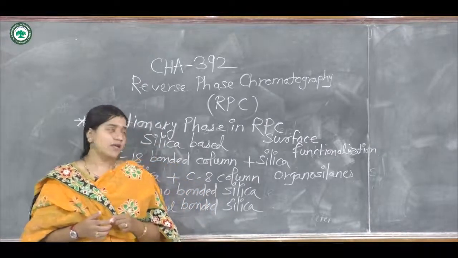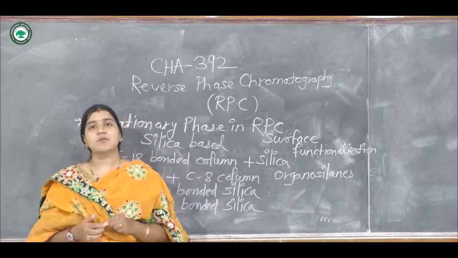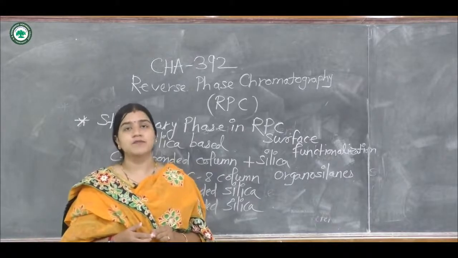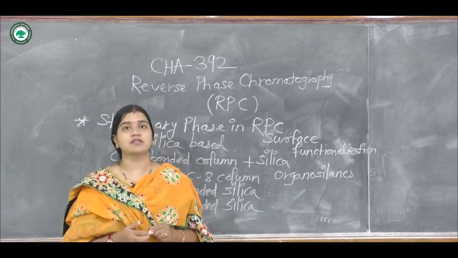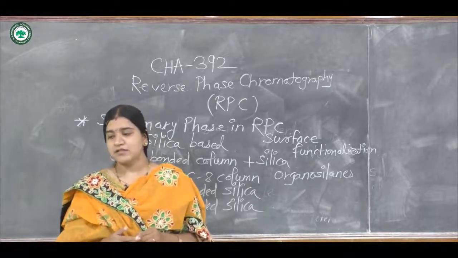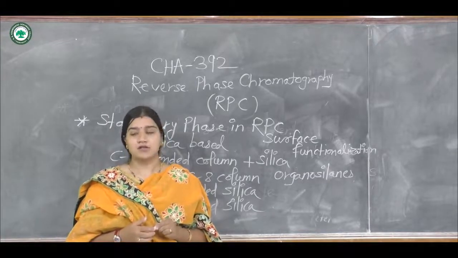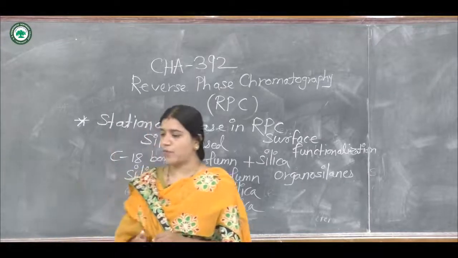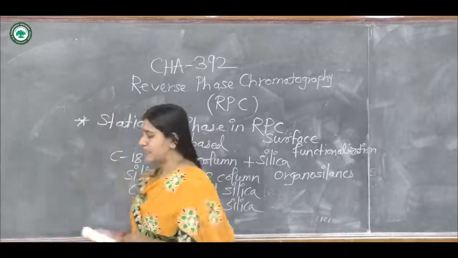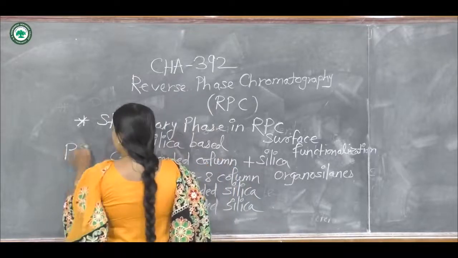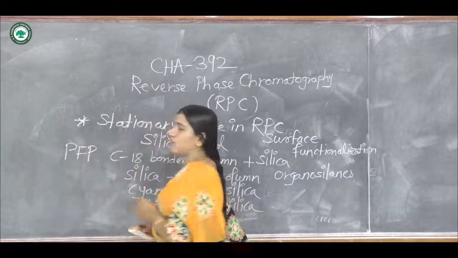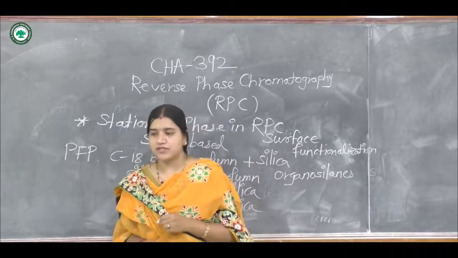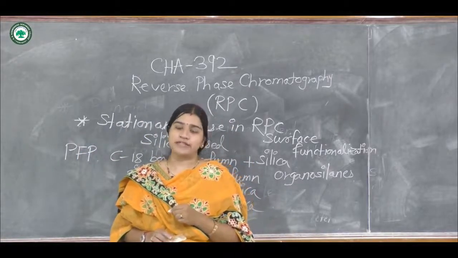Nowadays, along with these different types of columns, what are the modern columns used as a stationary phase in RPC? Some important other columns are the PFP, that is pentafluorophenyl.